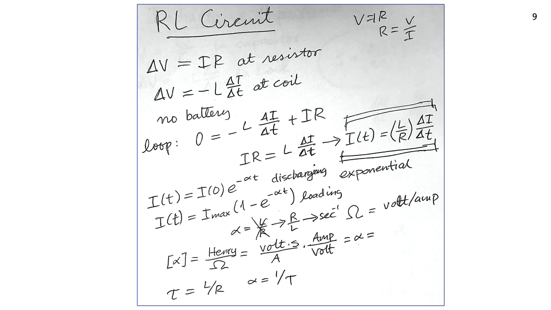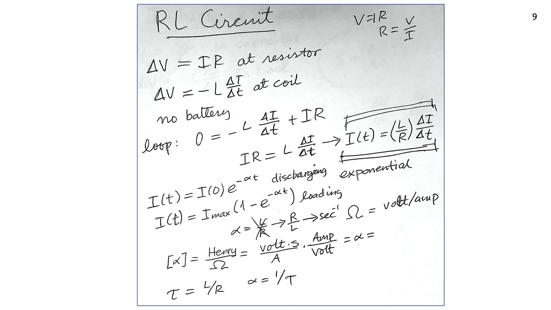So for an RL circuit, delta V is equal to IR at the resistor. That's Ohm's law.